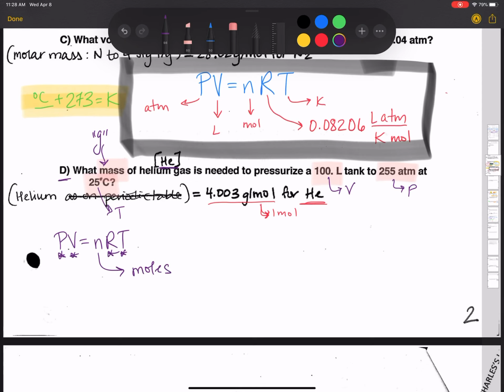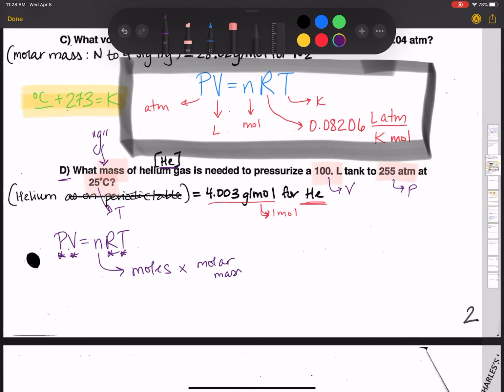This time around, you're going to go the opposite route of what you've consistently done this semester. We've usually started with grams and converted it to moles. For this question, you're actually going to have to take your moles, multiply it by molar mass, which they gave you in the problem, and then that's going to give you grams.